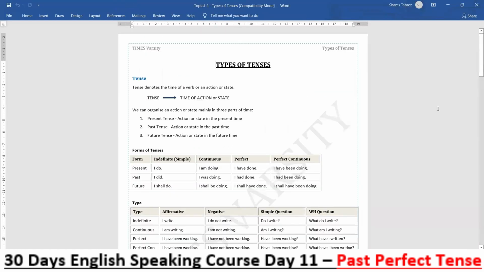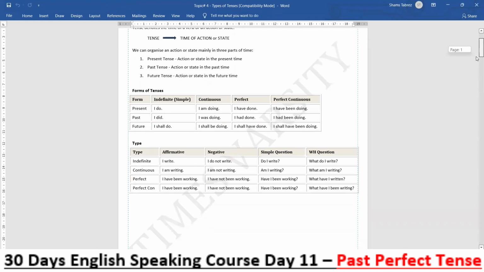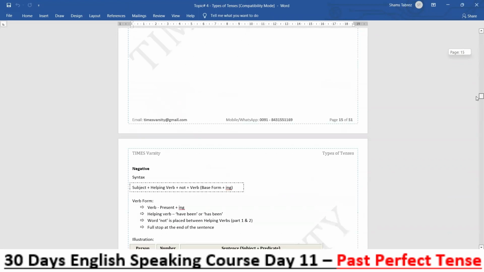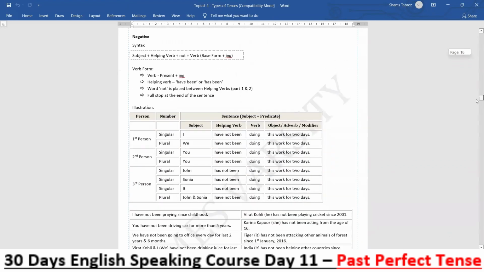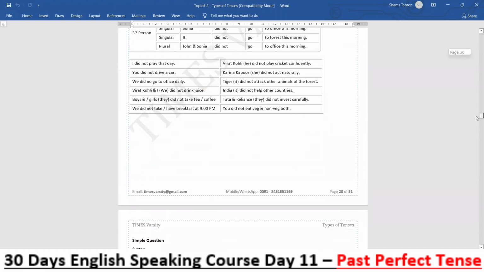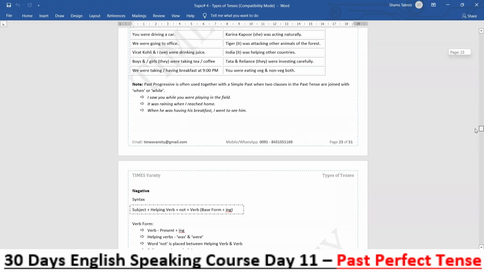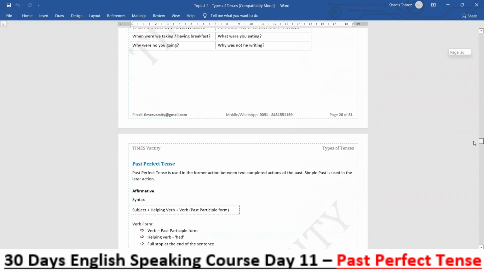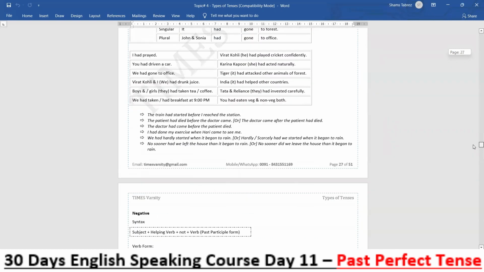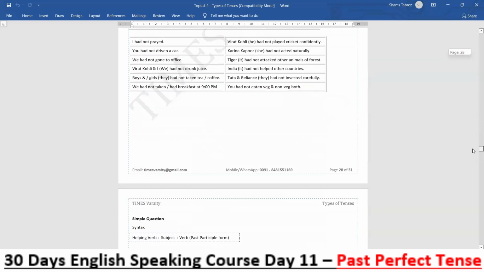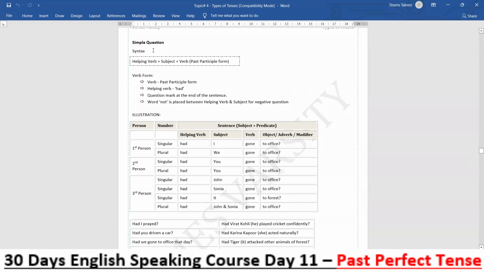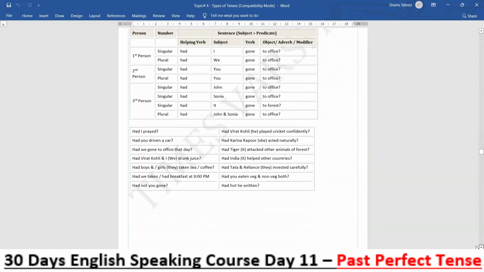Types of tenses, past perfect tense. Simple question we discussed. WH question we are discussing now.